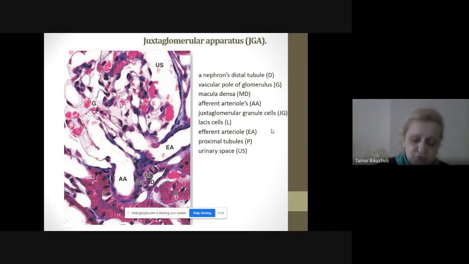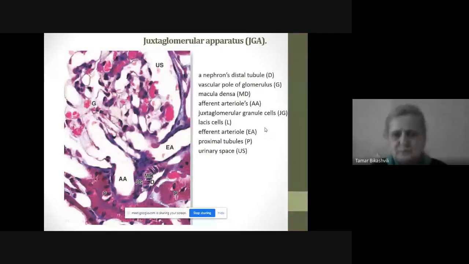The aldosterone secretion promotes sodium and water reabsorption in the distal convoluted tubules, and it raises blood volume, and it leads to increased blood pressure, and the increased blood pressure switches off renin secretion.